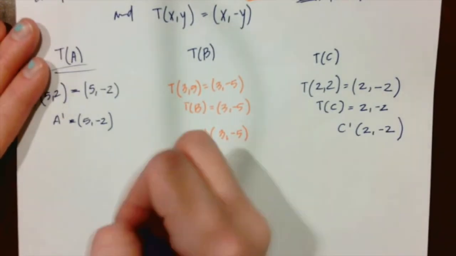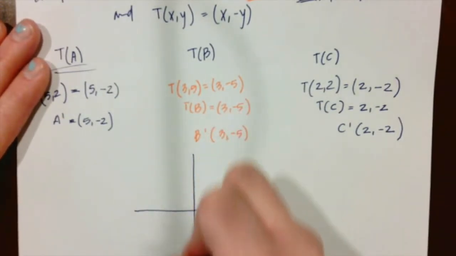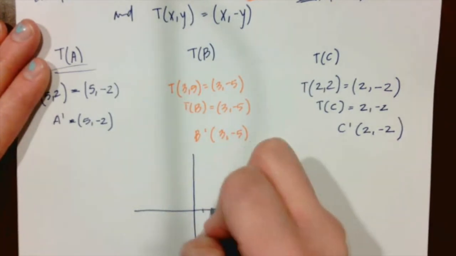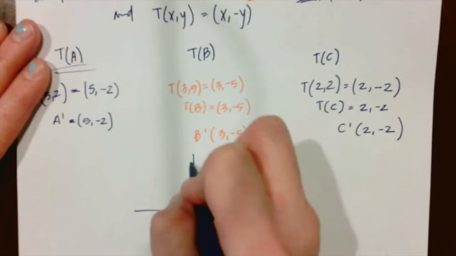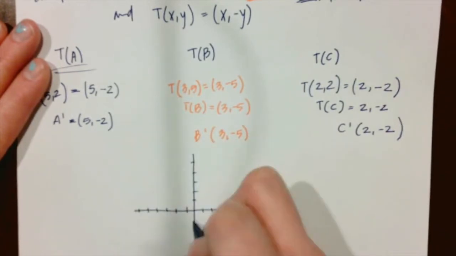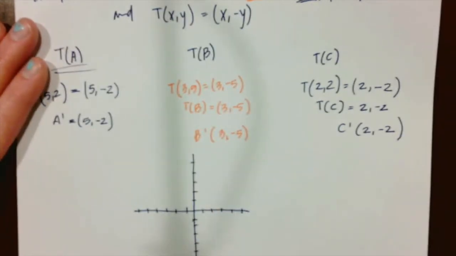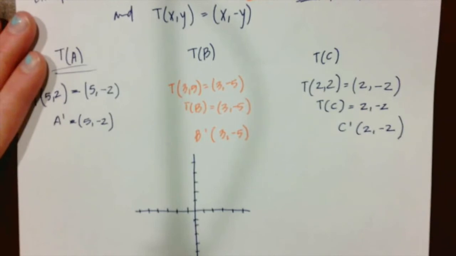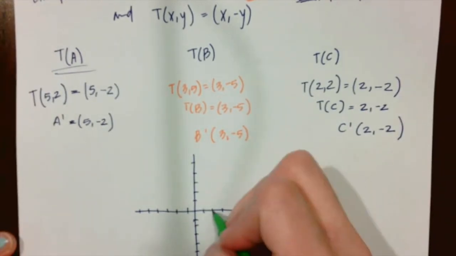Let's take a second and just plot this out. You don't necessarily have to do this in your notes, but I want you all to be able to see what just happened when we did that notation. We'll do our pre-image in this green color.